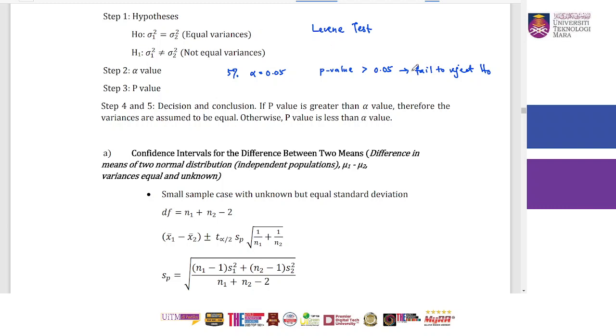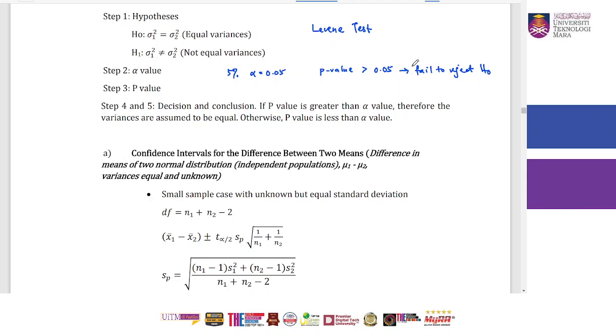So kalau fail to reject the null hypothesis, maknanya equal variance assumed. Okay, kalau you reject the null hypothesis, dengan kata lain, not equal variance are assumed. So once you have done this, then barulah you proceed with the next step of calculating the t values and also the confidence interval. Okay.